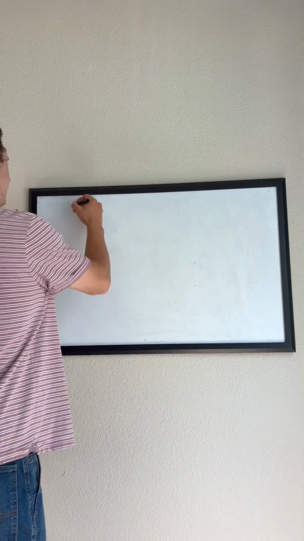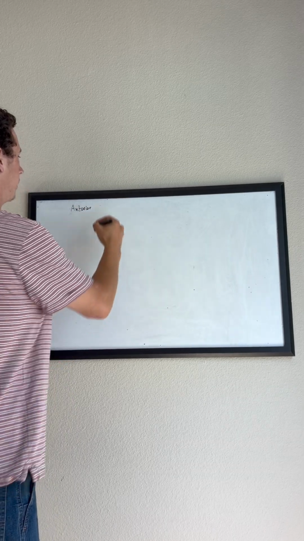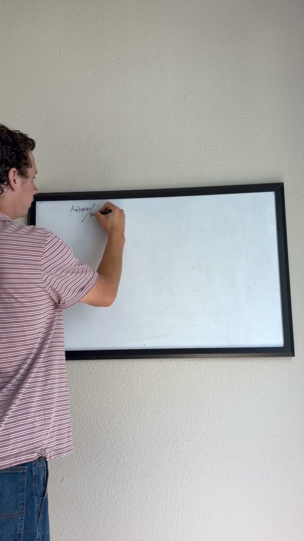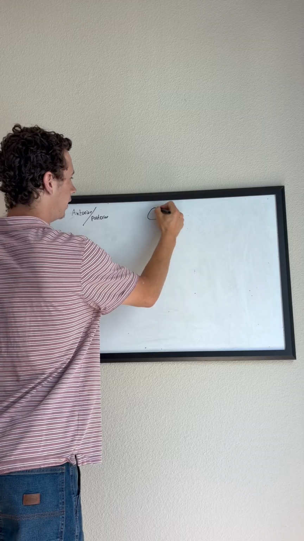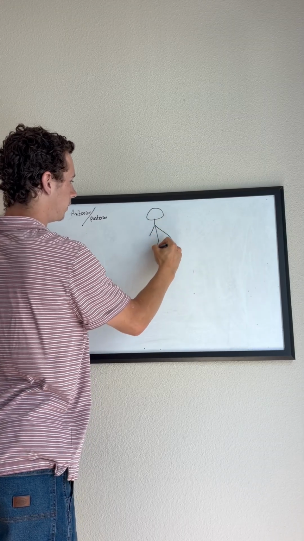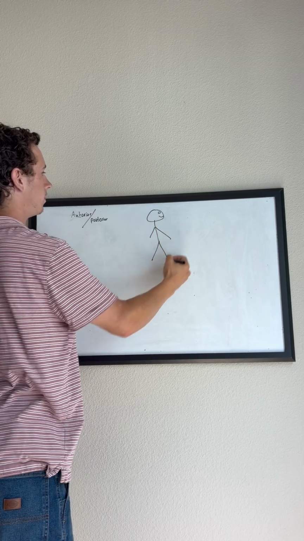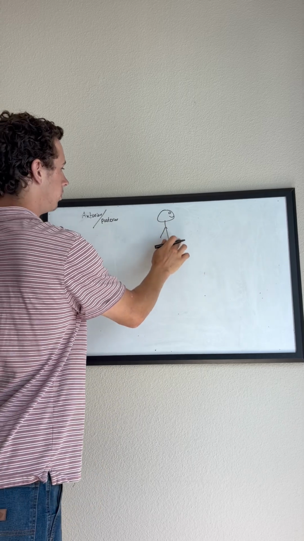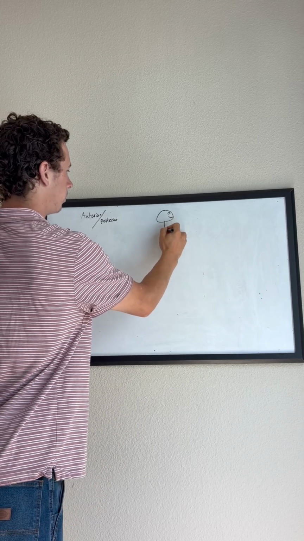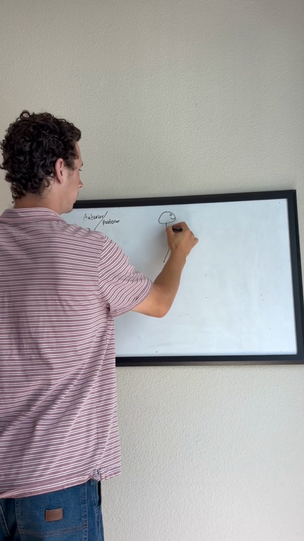Now I'll be going over the terms on the whiteboard. Anterior and posterior. Here's my body in anatomical position. My head is here. My right arm is my left arm. Here's my chest.